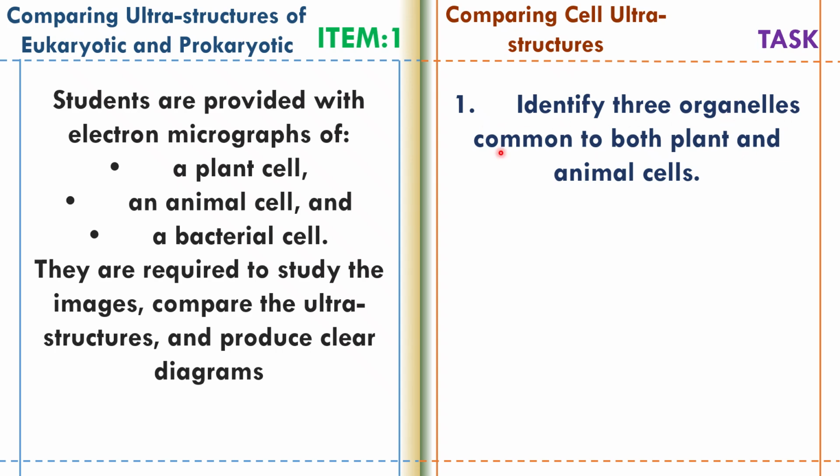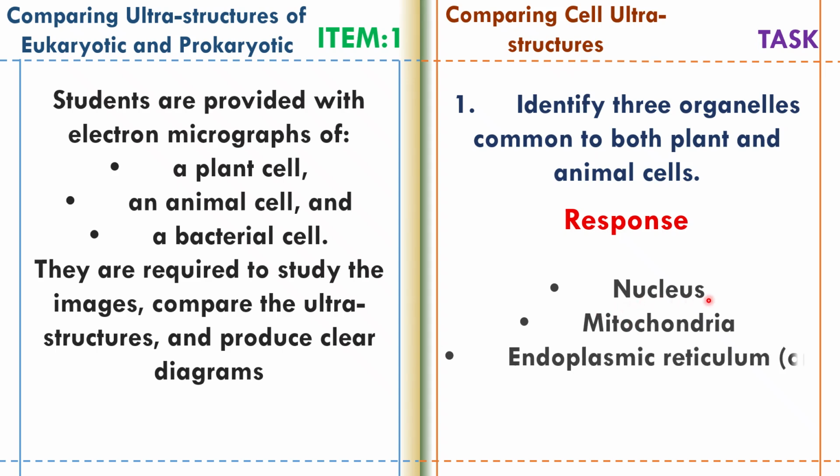Identify 3 organelles common to both plants and animal cells. We have the nucleus, mitochondria, endoplasmic reticulum, or Golgi apparatus.